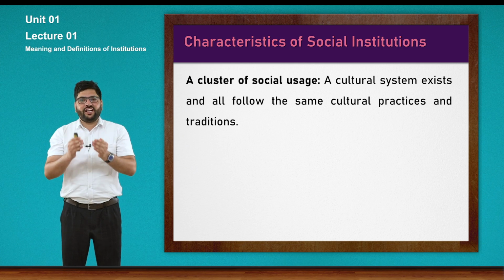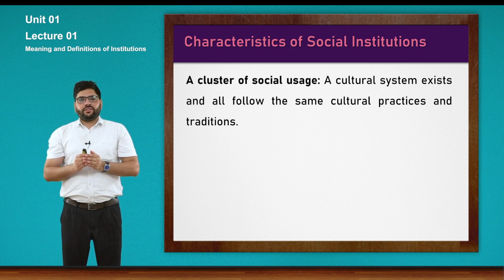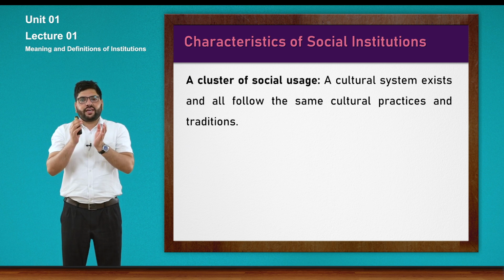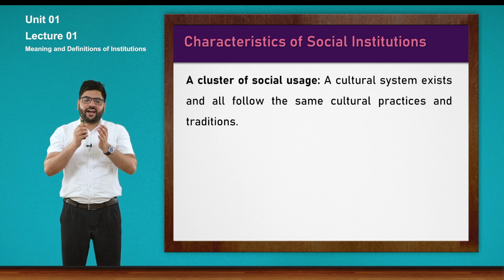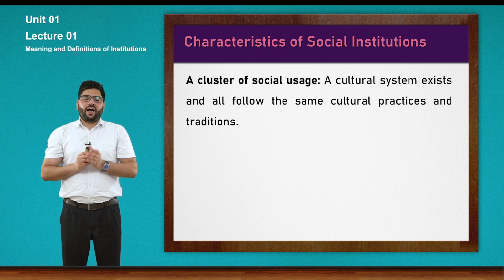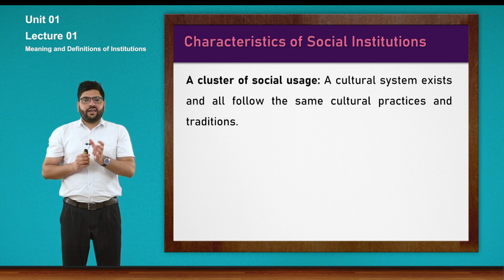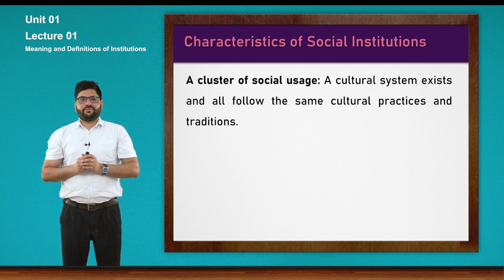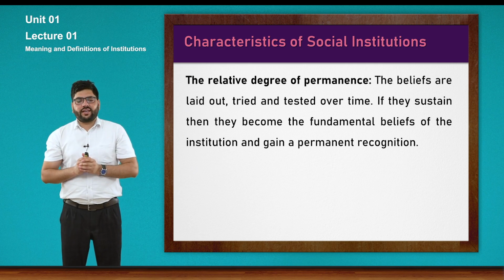So a cultural system exists and all follow the same cultural practices as well as traditions. So is the case. This is the characteristic of it, a cluster of social usages.